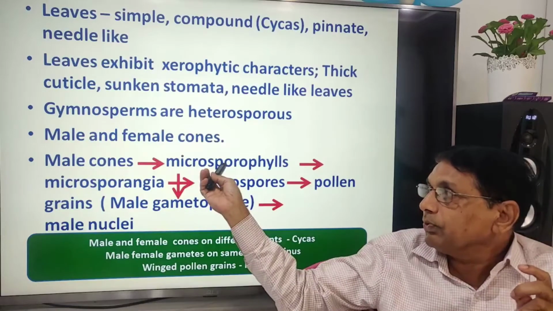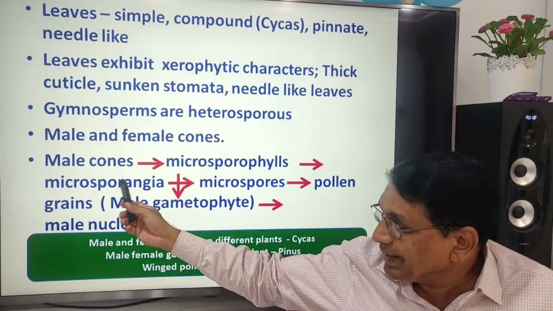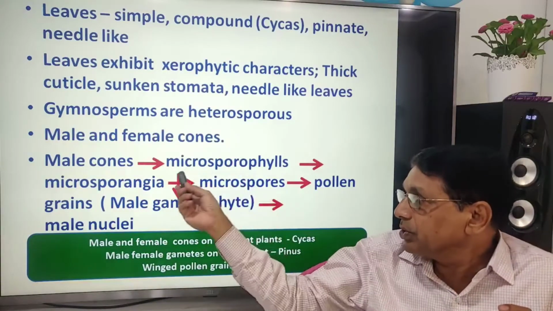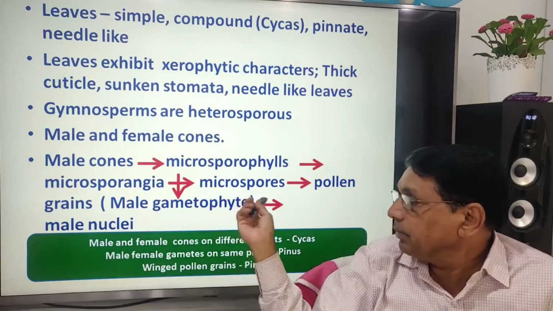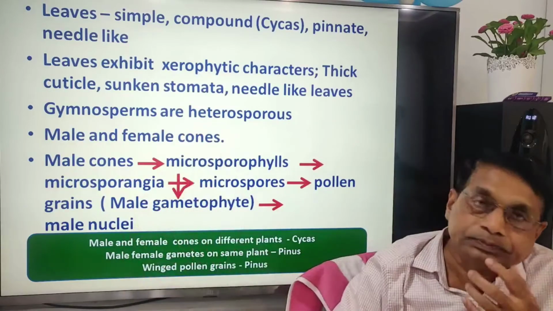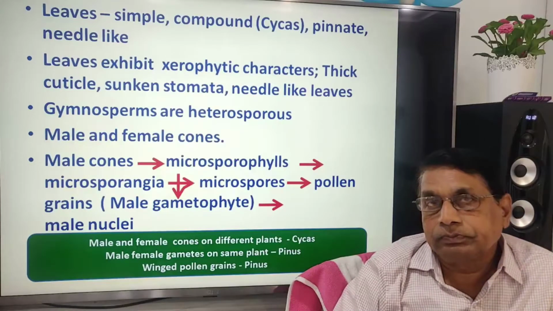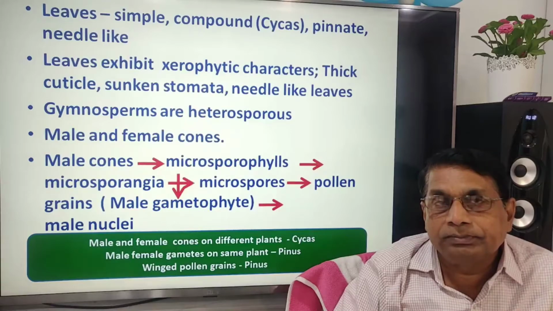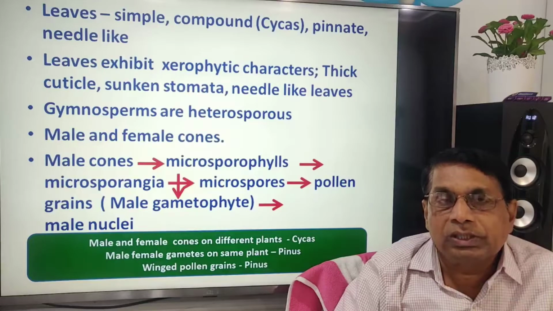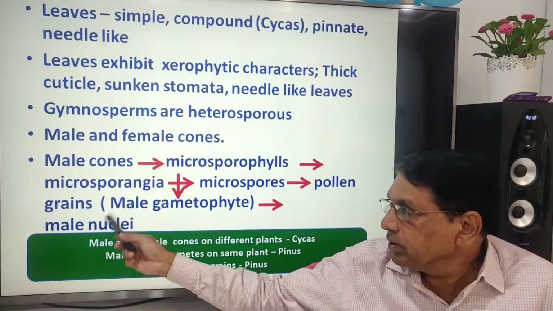Within the male cones there are microsporophylls, microsporangia, microspore mother cells. Here the reduction division takes place, giving microspores, which germinate to give rise to the male gametophyte or pollen grains, with male nuclei within.